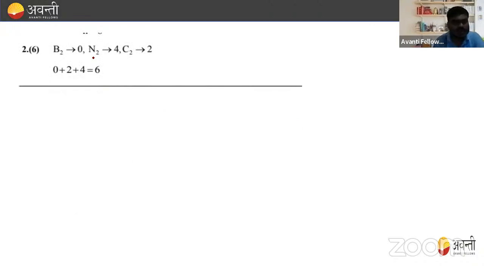In the case of boron B2, there is no electron, that is 0. If I'm talking about N2, there are 4 electrons in these orbitals. If I'm talking about C2, there are 2 electrons. The total number of electrons is 0 plus 2 plus 4.